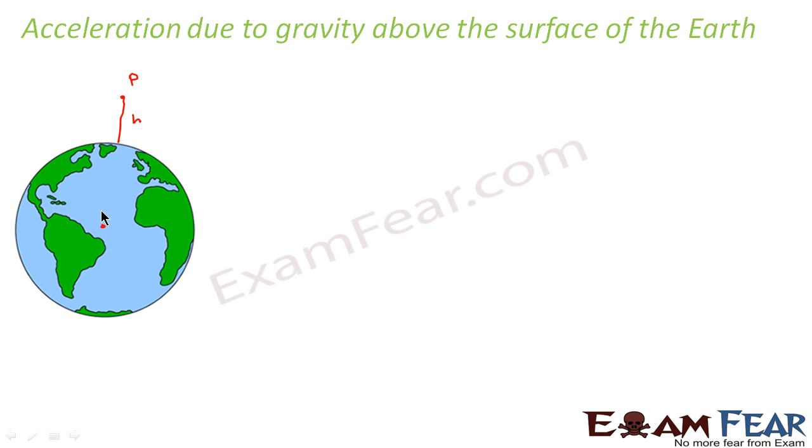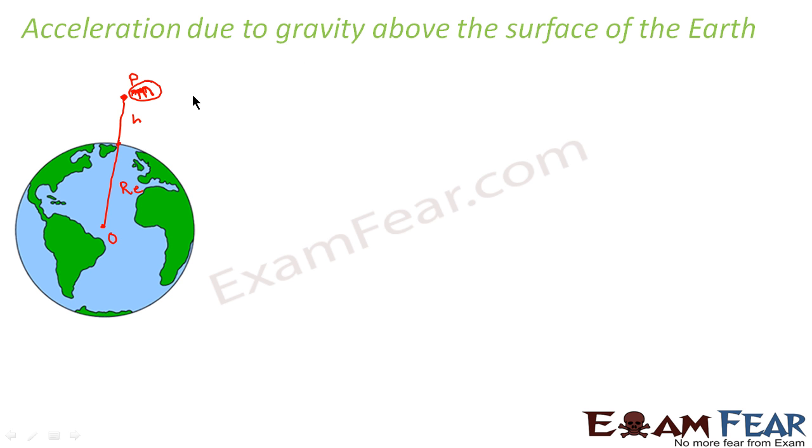Now this is the center of the Earth, so this distance is RE, the radius of the Earth. This is the object located at a height h, and let us say the mass of this object is m.